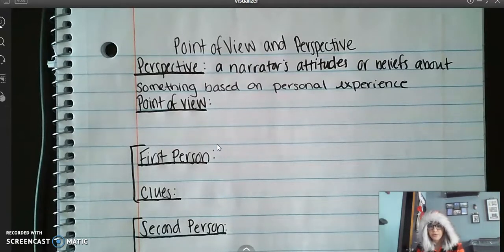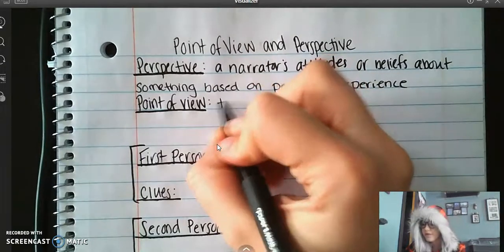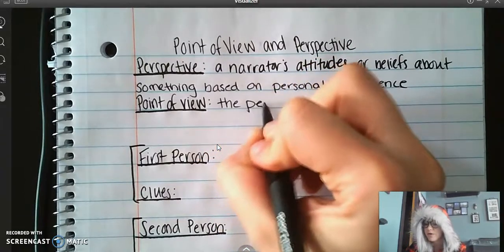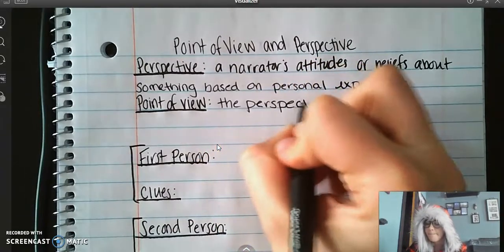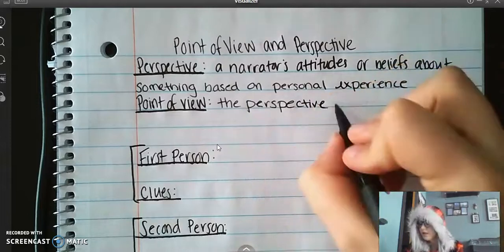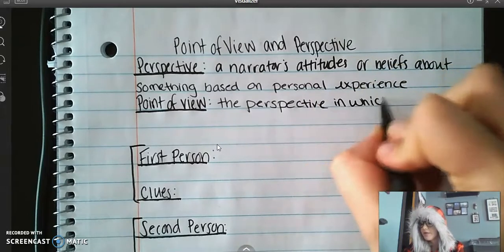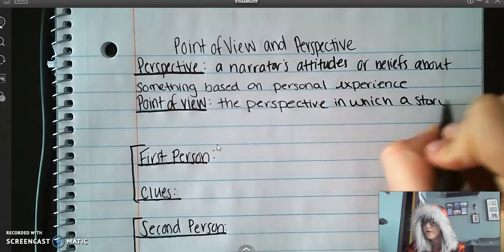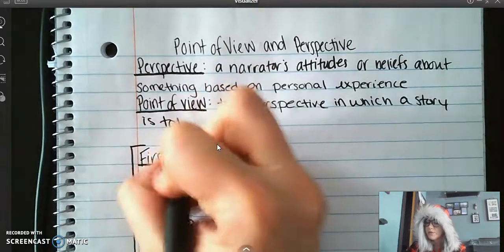Point of view is more of the perspective that they tell the story in, but also how the narrator is communicating to you. So we're going to go with this being the perspective in which a story is told.